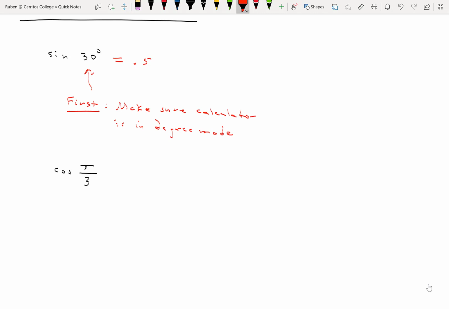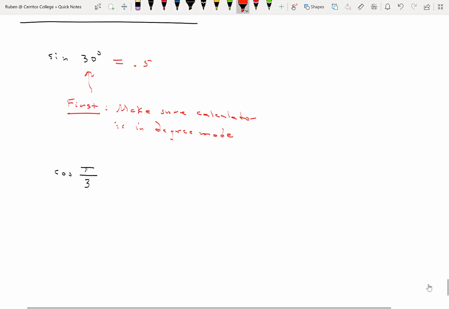Okay, we can have pi degrees. So it's a radian. So you've got to put your calculator in the radian mode. Go back to mode, just for practice. Get the cursor flashing over radians.